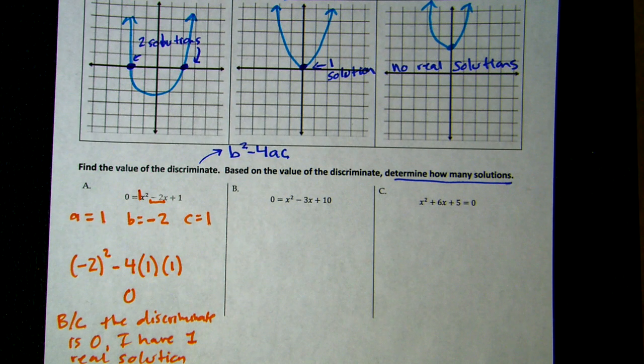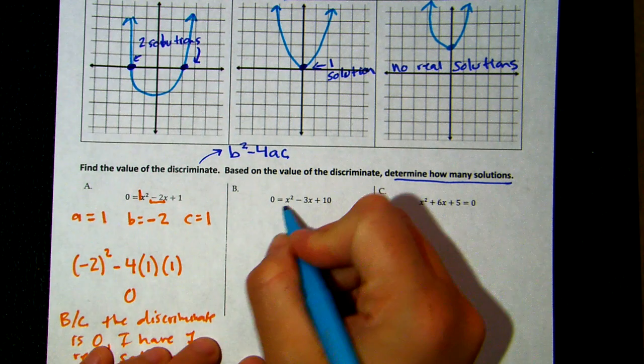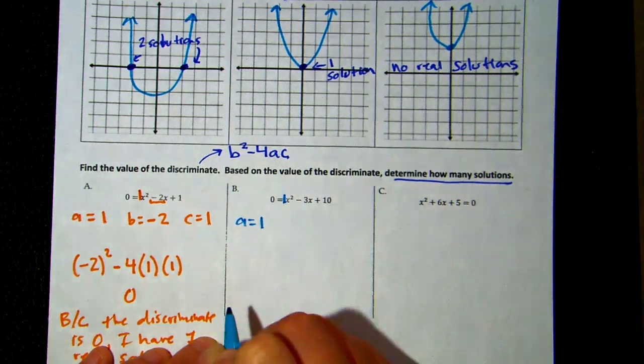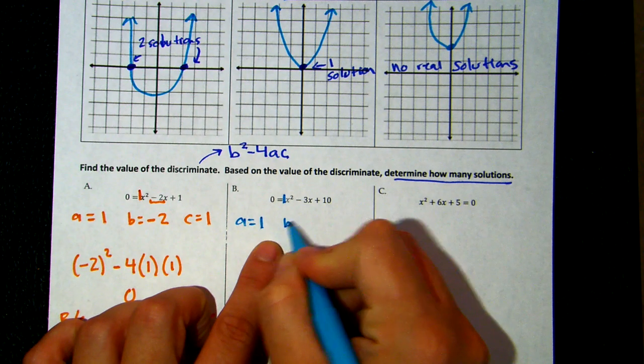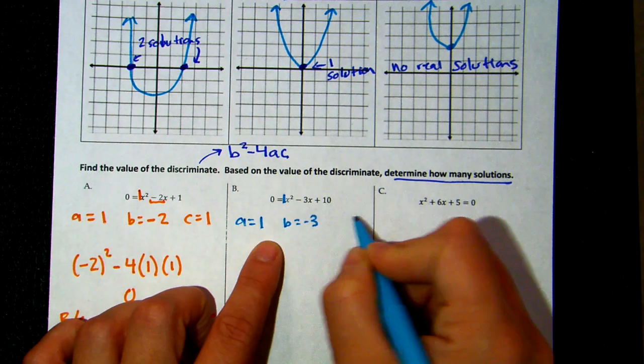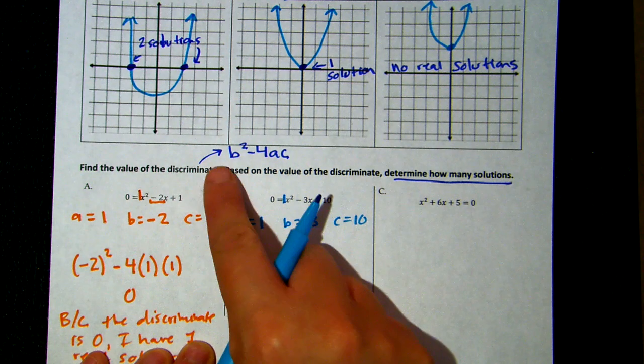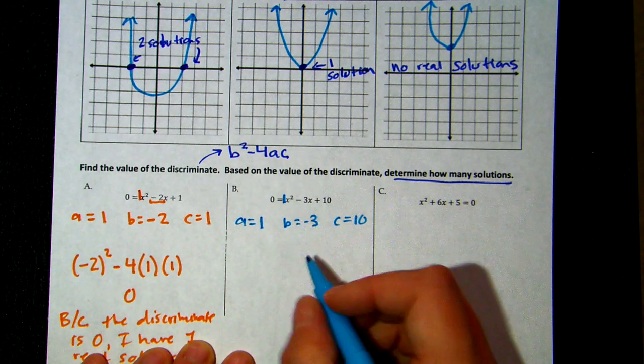We're going to do the same thing with these other two, again labeling our a, b, and c values. So here a is 1, it's the number in front of x squared. If there's nothing there, we write in an imaginary 1. b is -3, and c is 10. Again, going to plug that into my b squared minus 4ac, the discriminant.